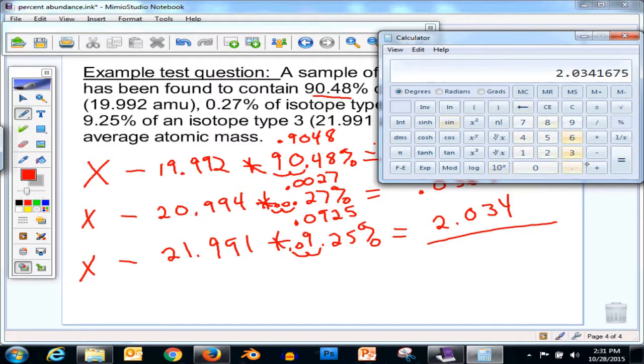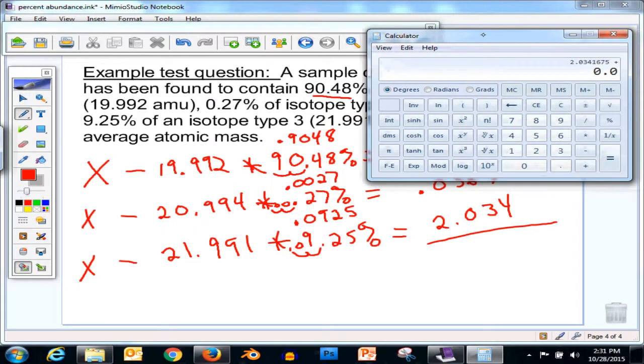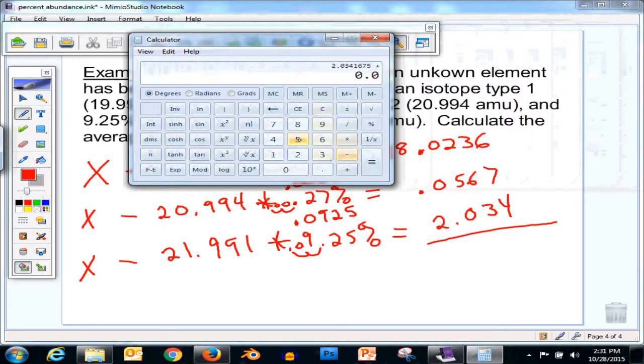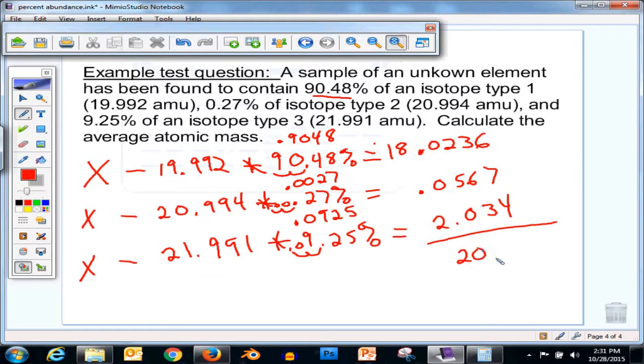So 2.034 plus 0.0567 plus 18.0236 equals 20.11. Okay? And that's in AMU.